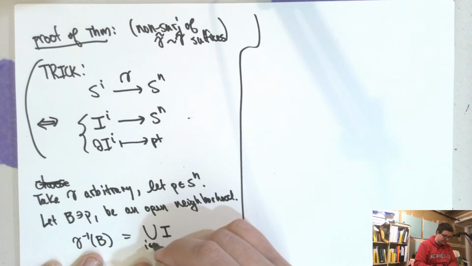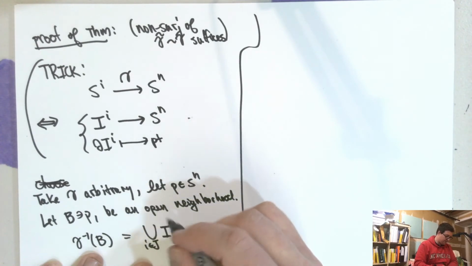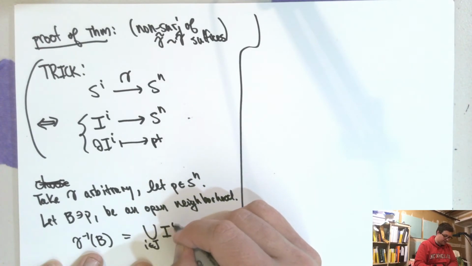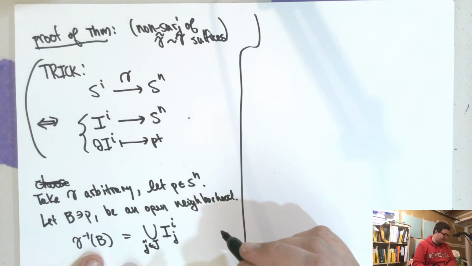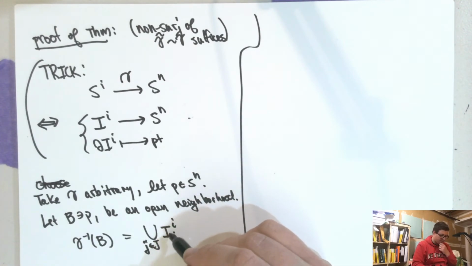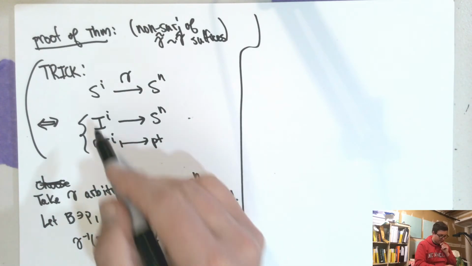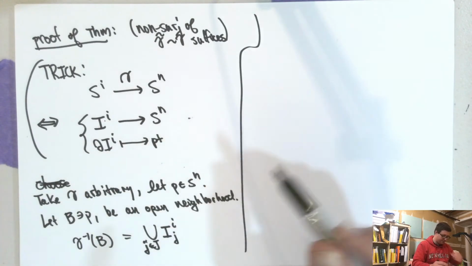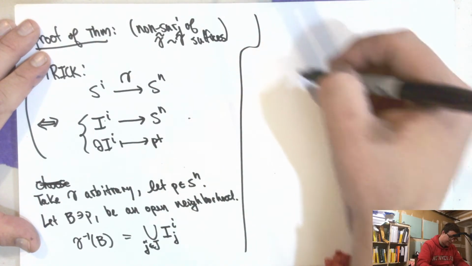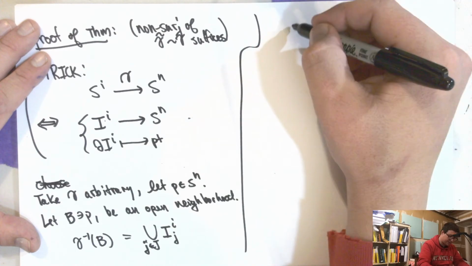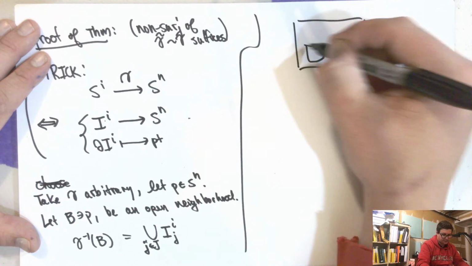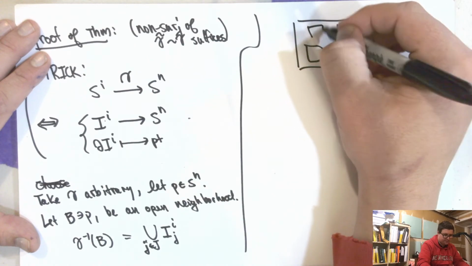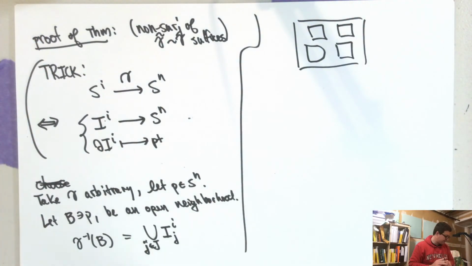It's covered by rectangles, i-dimensional intervals. Oh man, I really didn't choose good notation here. But this is the analog of the intervals. Instead of intervals we've got little squares inside I^n. So maybe I'll draw the two-dimensional picture, and then we've got a bunch of squares in here. We break it up into squares, and that's what's going to happen.